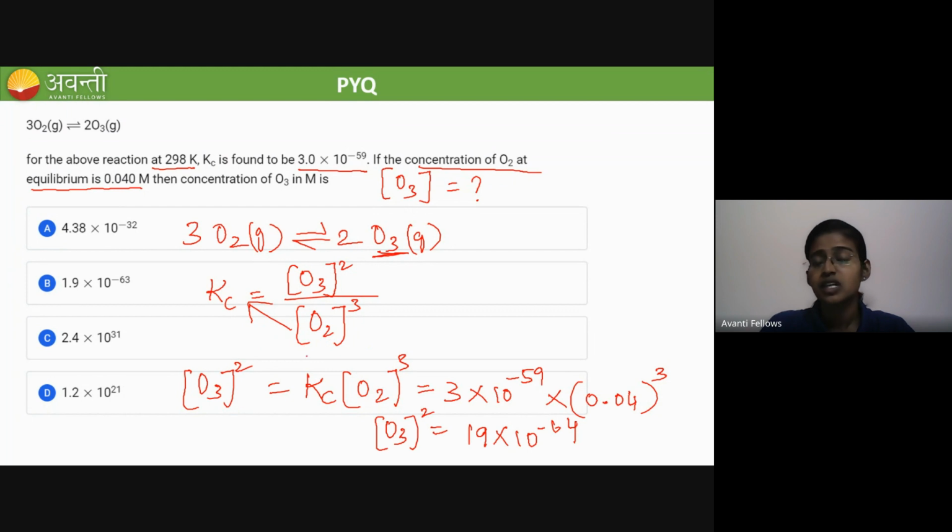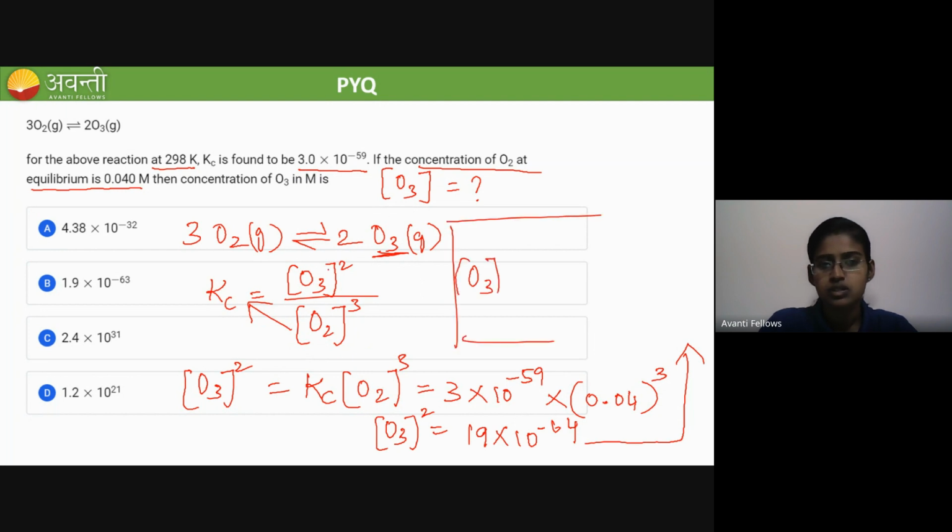But we need to find out only the concentration of O3, not its square. So what I have to do? Just take the root of this value. So O3 will be equal to the root of 19 into 10 power minus 64.